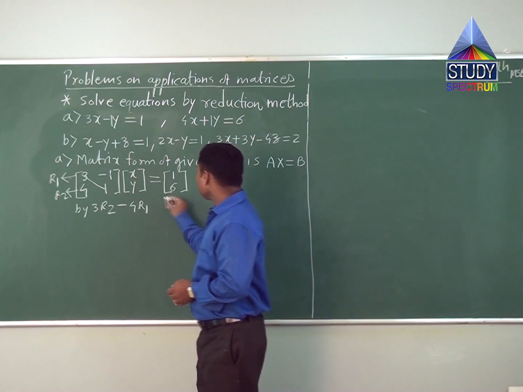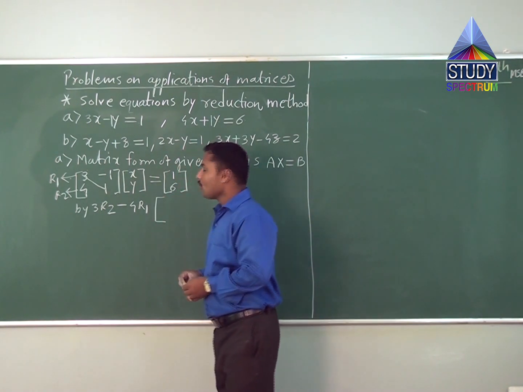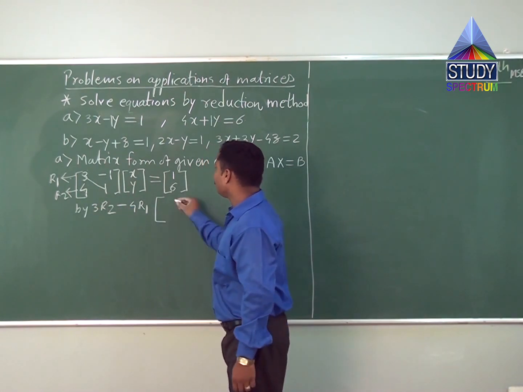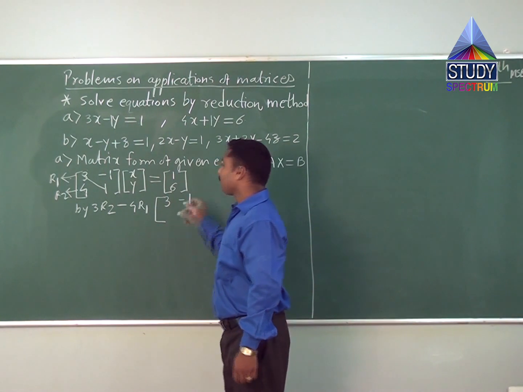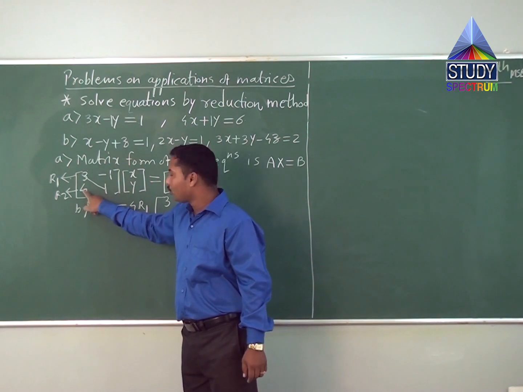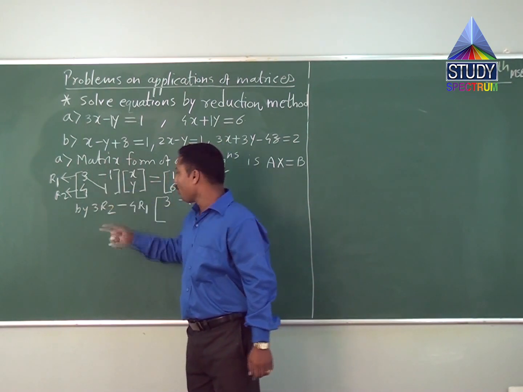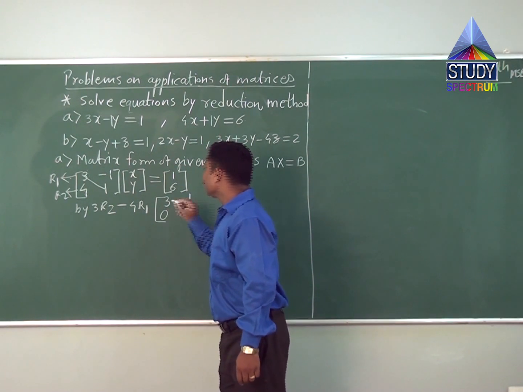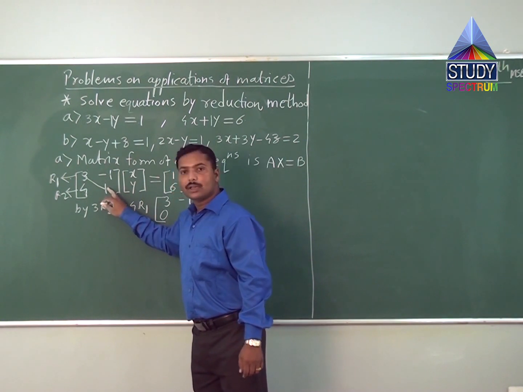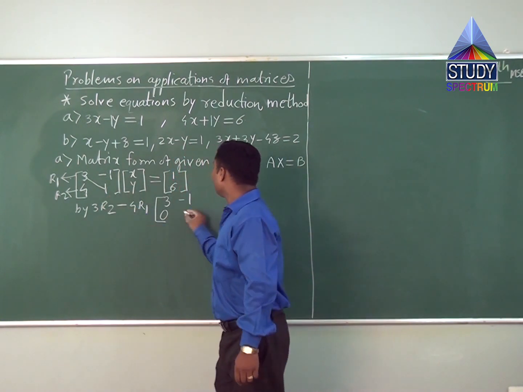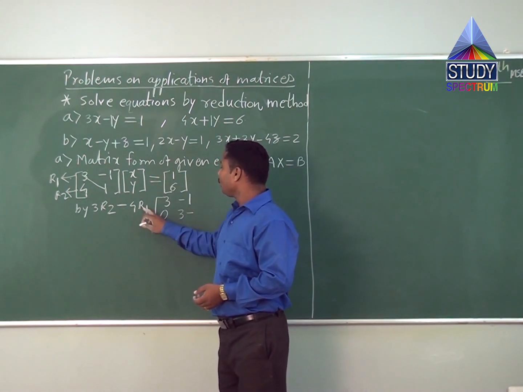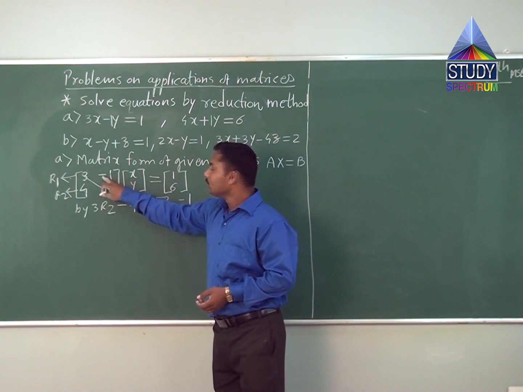What do we get? First row as it is, because the operation is only on the second row. So 3, minus 1. And 3 into R2: 3 into 4 is 12, minus 4 into 3 is 12, so 12 minus 12 is 0. Again, 3 into 1 is 3, minus 4 into minus 1.